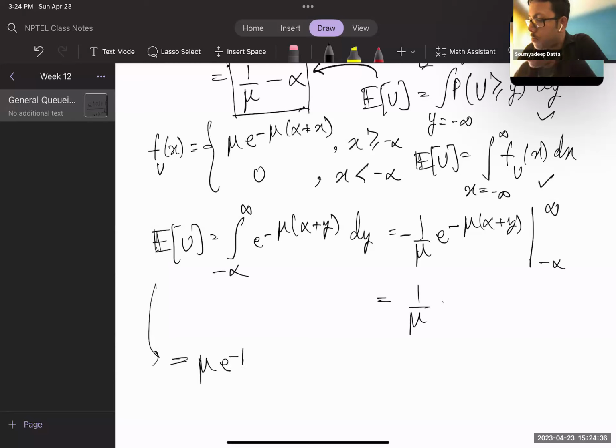So mu times e to the power minus mu alpha times e to the power minus mu x dx from minus alpha to infinity.